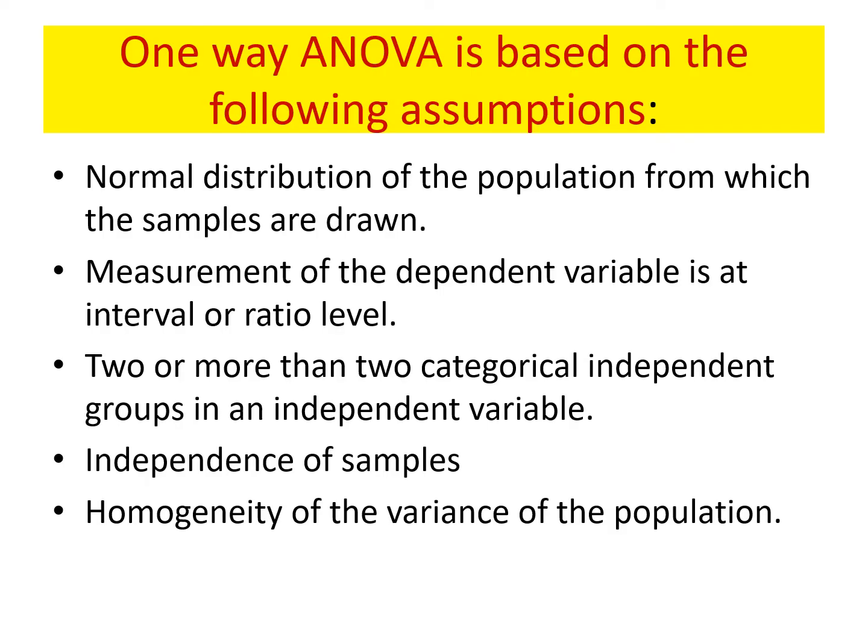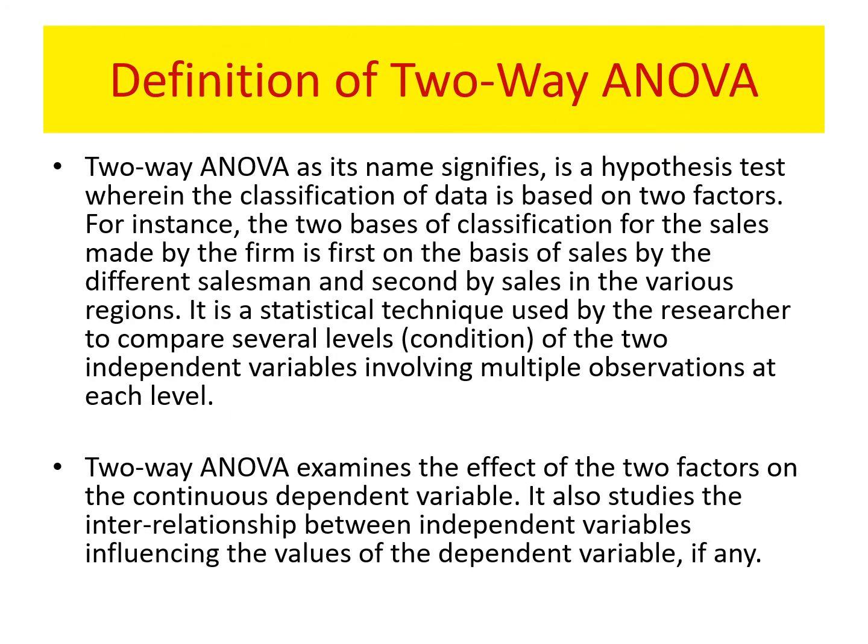Of course, it is independent samples, so independence of samples, all right? And homogeneity of variance of the population. So these are the 5 assumptions to be satisfied before you can use the analysis of variance test.